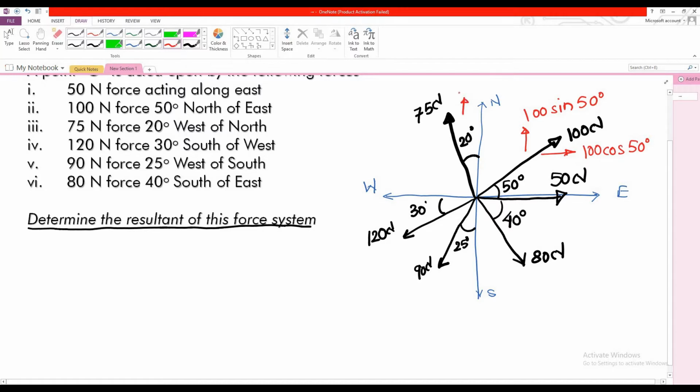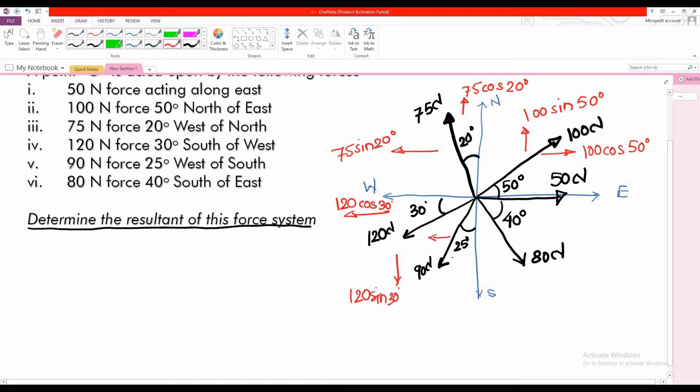Here the components are going to be 75 cos of 20 degrees, then 75 sine of 20 degrees. Here the component is going to be 120 cos of 30 degrees, and the vertical component will be 120 sine of 30 degrees.